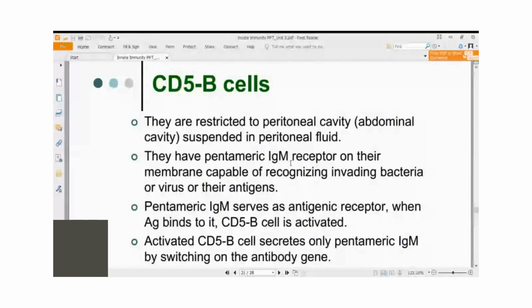And in this fluid, these CD5 B cells are suspended. Only when the peritoneal wall is damaged due to an accident and punctured, and the pathogens enter the peritoneal system, these cells come to the rescue of the person.